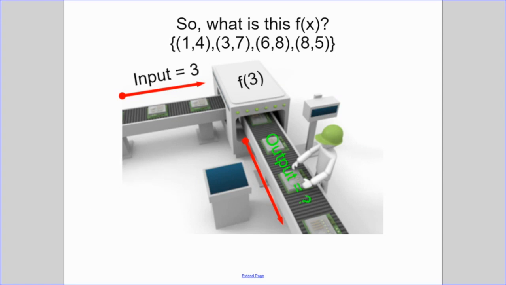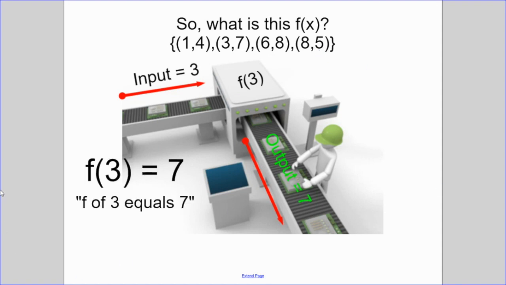Another example here. If our input is 3, we come up to our function, and our input, 3, what was our output? When our input for this function with these ordered pairs is 3, we know our output is 7. So a way to write that is f of 3 equals 7.